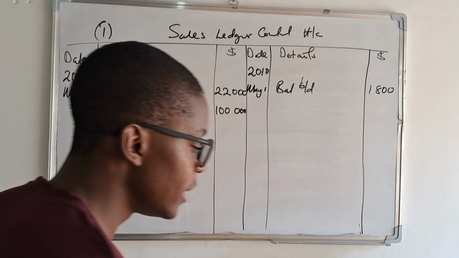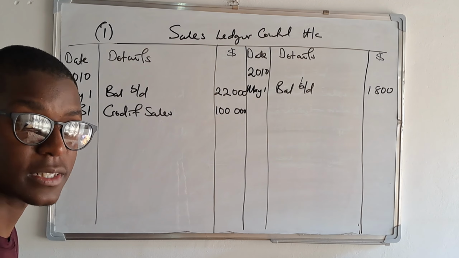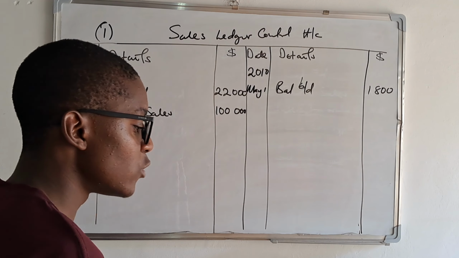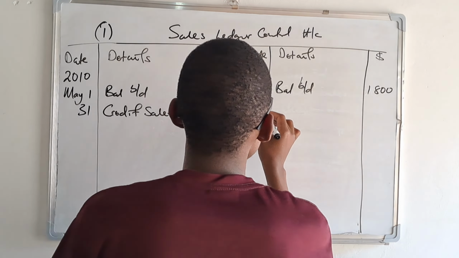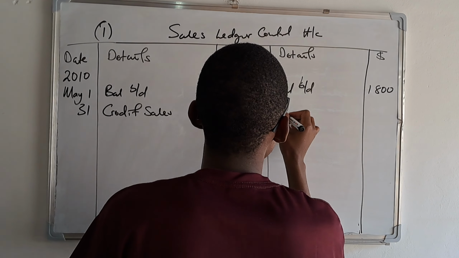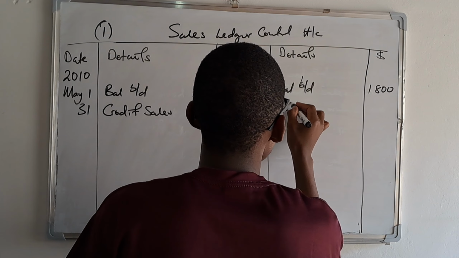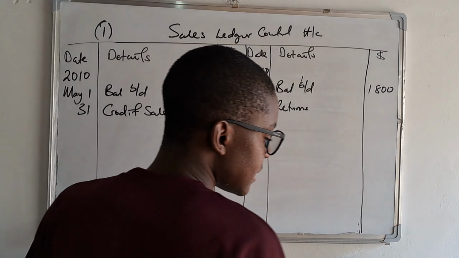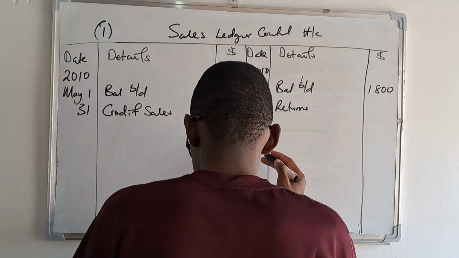Then we have goods returned to suppliers. We ignore, it is recorded in the purchases ledger account. We move on to the goods returned by customers. These are sales returns. This we write as returns. How much? Returns are going to be 5,000, if I'm not mistaken.